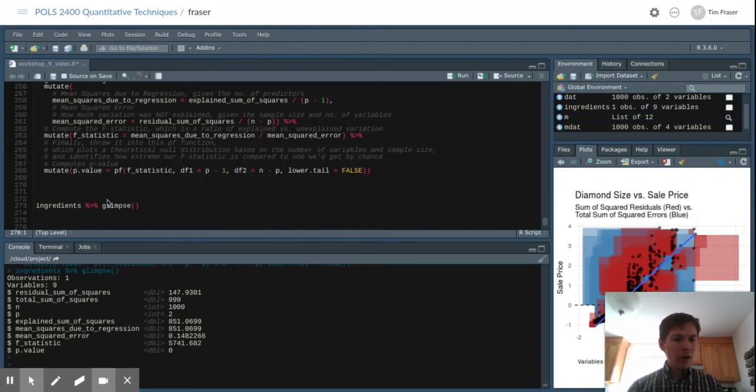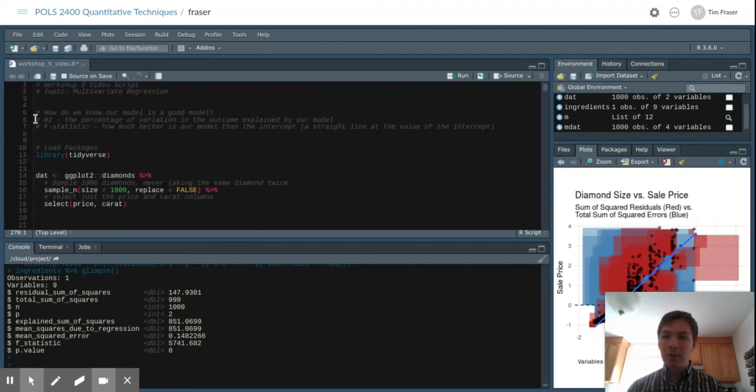And for your working knowledge, you should know what we learned at the very beginning. R squared is the percentage of variation in the outcome that's explained by our model. The F statistic is a number from 0 to infinity that measures how much better our model is than the intercept. Than a simple, straight, horizontal line.